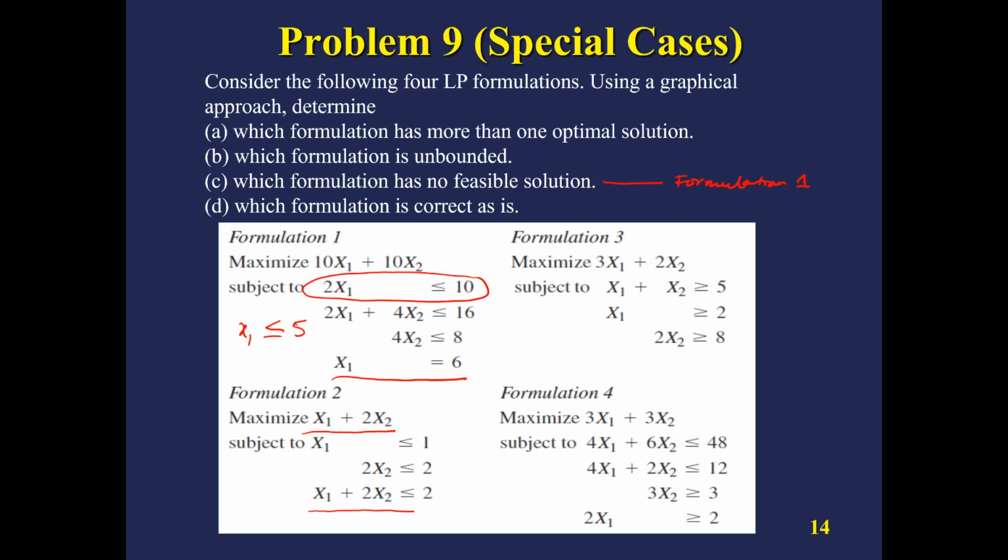So if we just draw it, the constraint is active and binding, and of course we will have multiple optimal solutions, because the objective function and one of the binding constraints both have the same slope. So we can say that this is the multiple optimal solution case. More than one optimal solution, that is formulation 2.